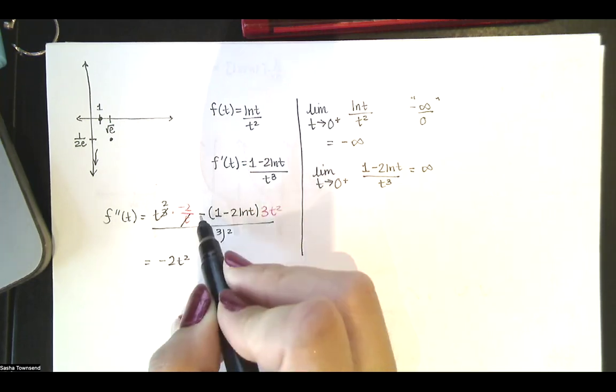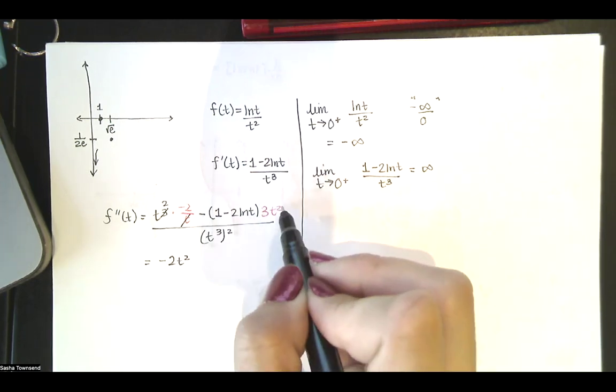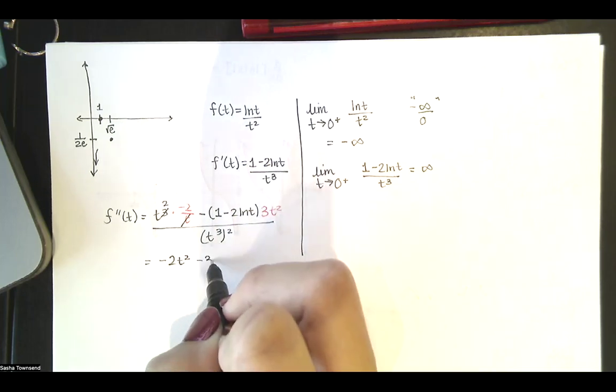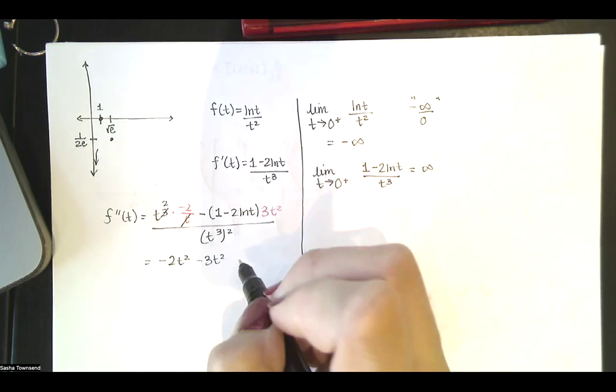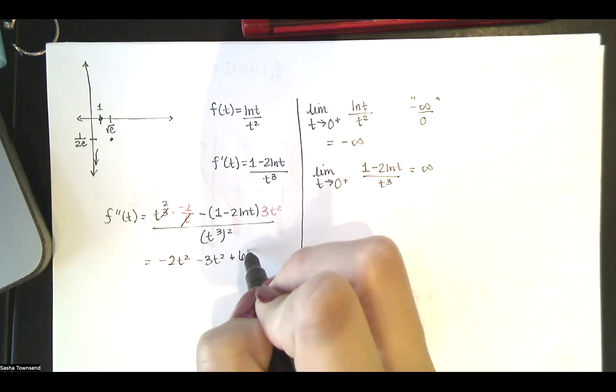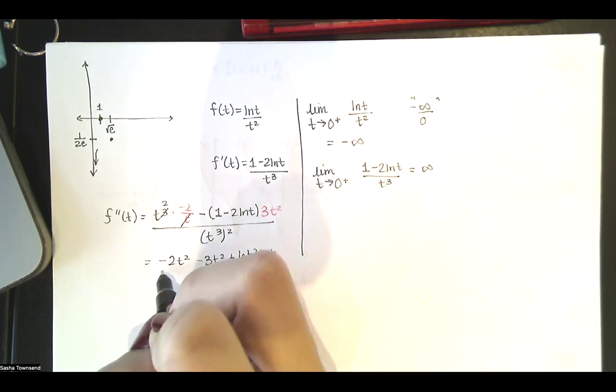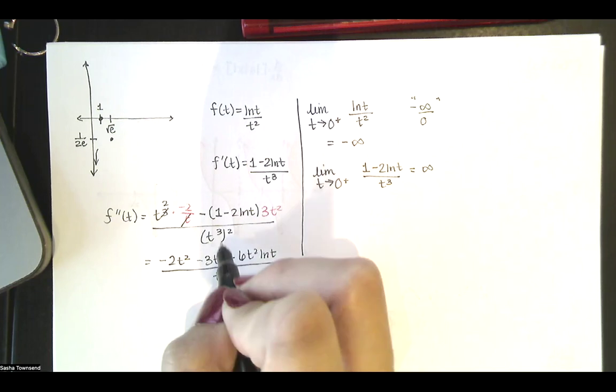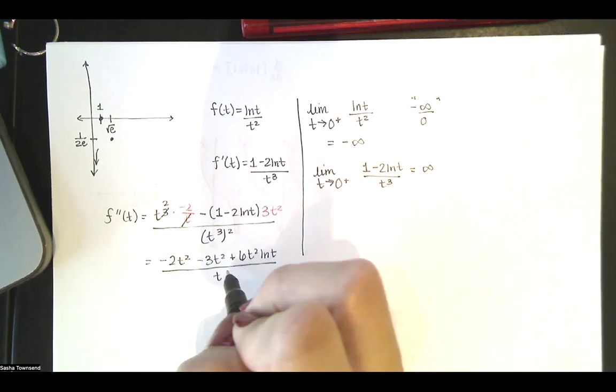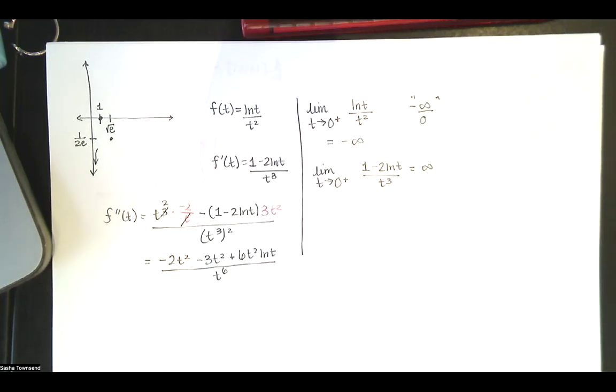If I distribute that 3t squared through the parentheses, distribute that and the negative as well, we get -3t squared, minus a negative is a positive, 6t squared times natural log of t. And this t cubed squared, you multiply the exponents, that gives you a t to the 6 there.